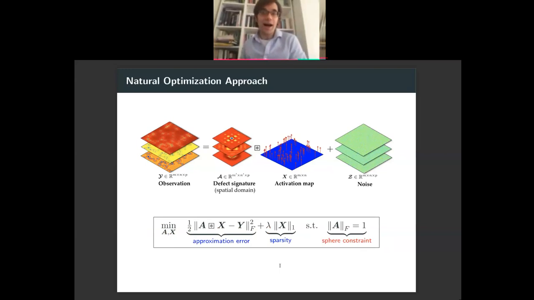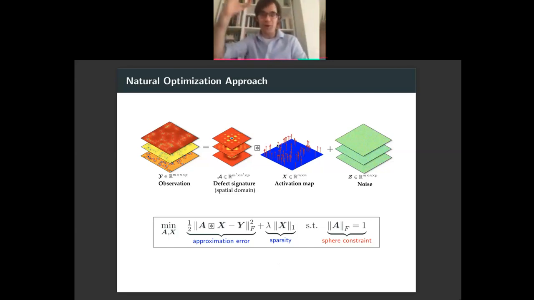Now, again, it's really easy to write down an optimization formulation for solving this problem. If I want to find the motifs, what I'm going to do is take Y and try to solve for A and X by minimizing a combination of data fidelity and sparsity. The only thing that's interesting in the formulation is here, the way I've set things up, I have to make a constraint on A to break the scale ambiguity between A and X, right?